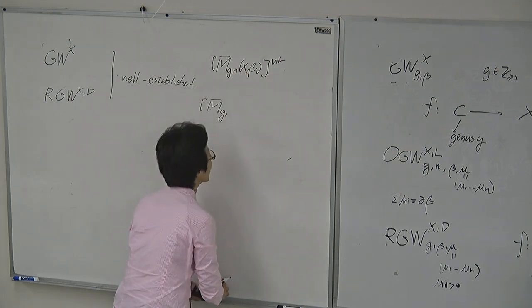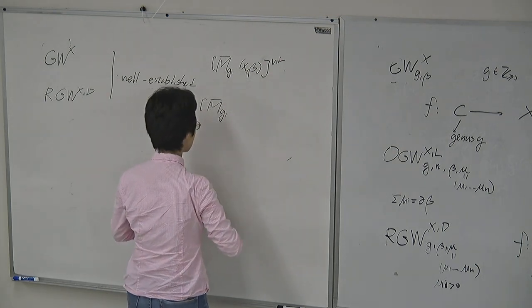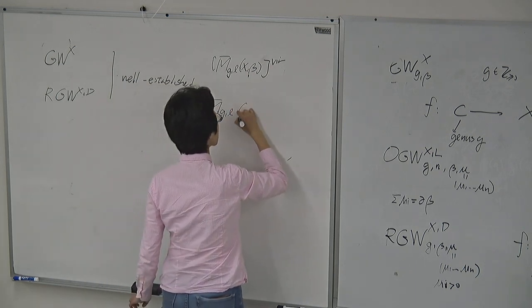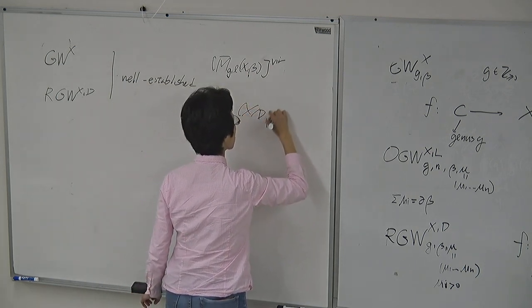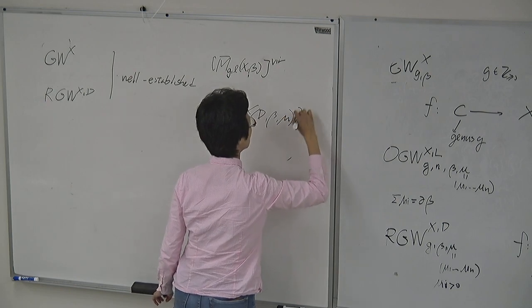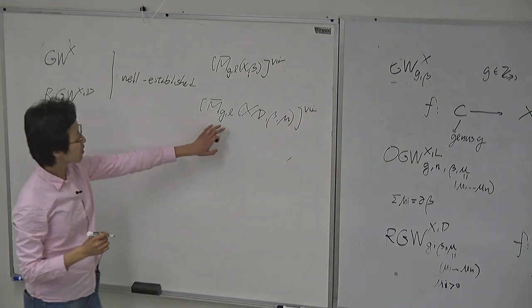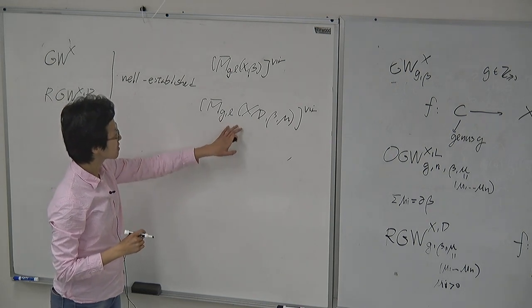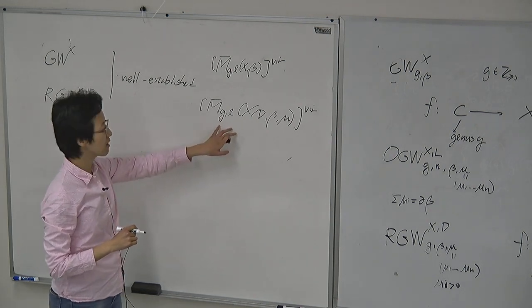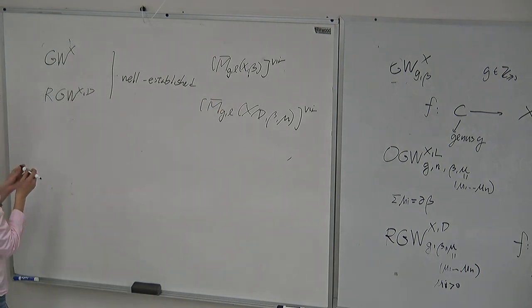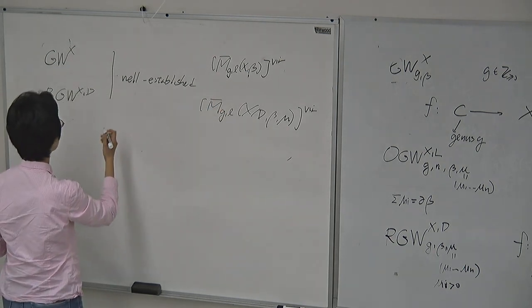Oh, sorry, n is something else. So l is the number of marked points on the domain. These are proper Deligne-Mumford stacks, which are usually singular but virtually smooth, and there have been many constructions of these virtual fundamental classes.